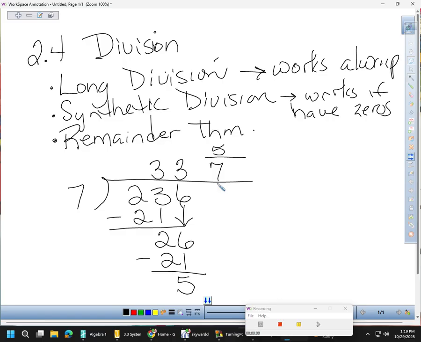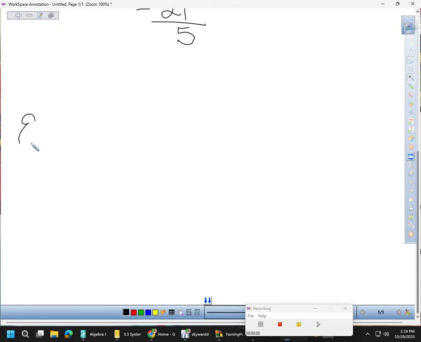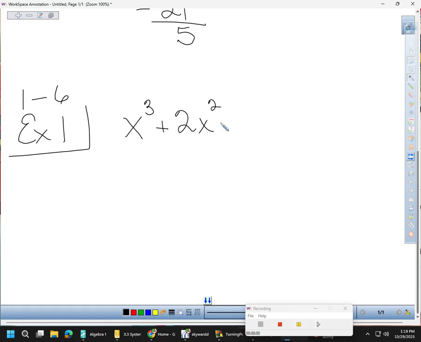Now we're going to start with an easy one with long division. Okay, and here's example number 1. All right, this is what you're doing 1 through 6. We're doing, let's go with x to the third plus 2x squared minus 7x plus 1.